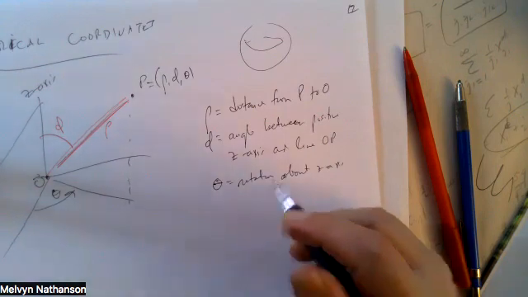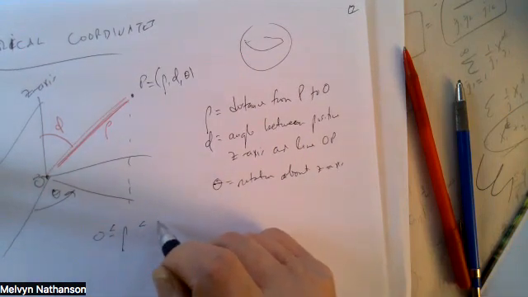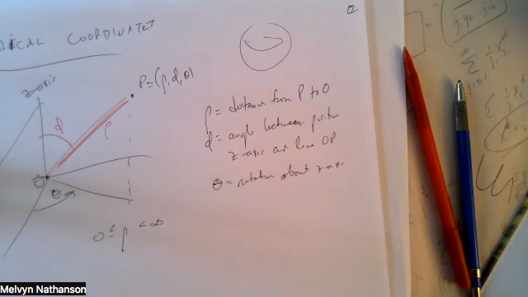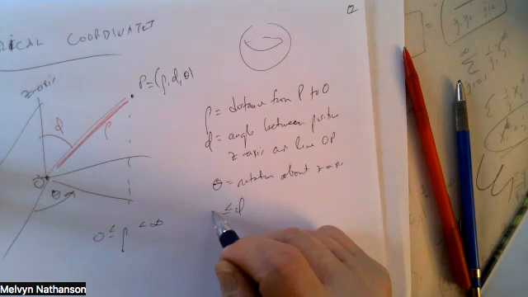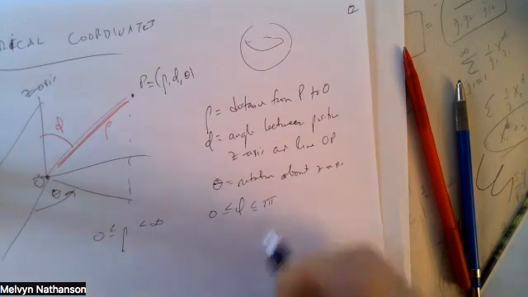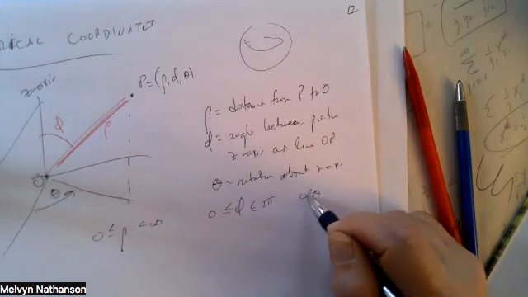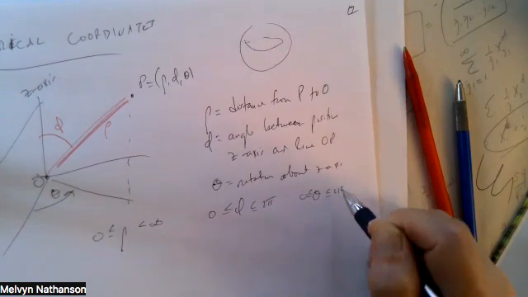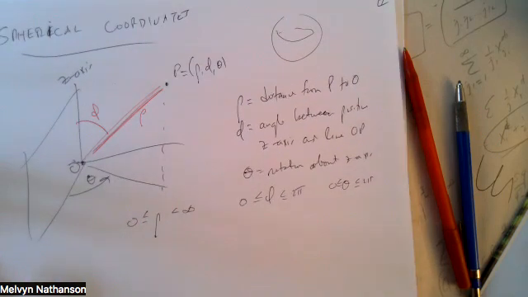Those are spherical coordinates. And rho is any number from 0 to infinity. Phi can be any angle from 0 to 2 pi. And theta can be any angle from 0 to 2 pi. So those are the spherical coordinates.